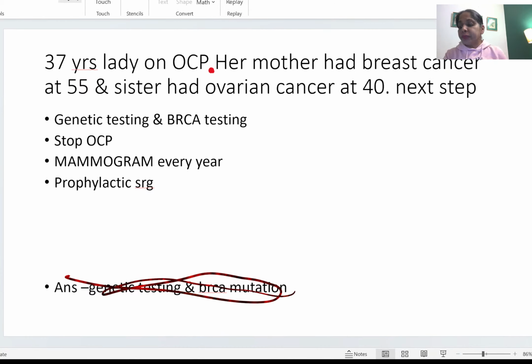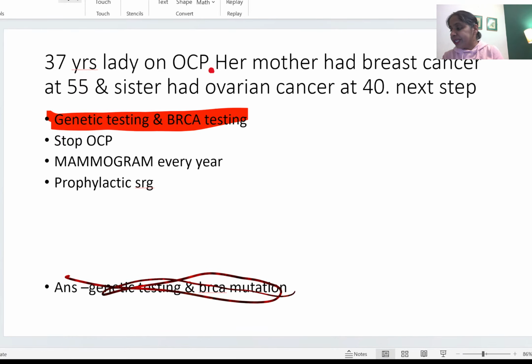This is the question. A 37-year-old lady on oral contraceptive pills, her mother had breast cancer at 55, and her sister had ovarian cancer at 40. It means there is a high chance of BRCA mutation. Now this lady has come to you. What will be your next step? We will do genetic testing and BRCA testing.